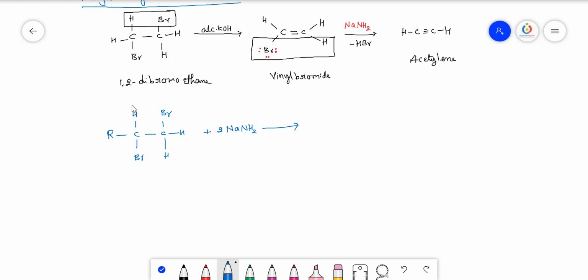So in first step 1 mole of HBr will be removed, and in the second step second HBr will be removed, and a triple bond means 2 bonds will come in addition to this existed bond, so that we get the triple bond between these 2 carbon atoms. Okay, so this is the way to get the alkynes from the dihalogen compounds.